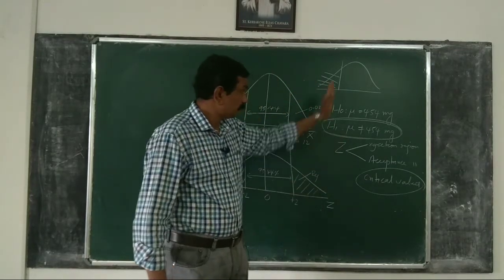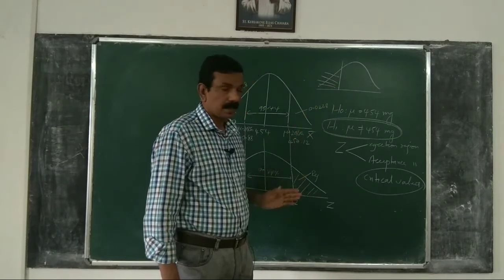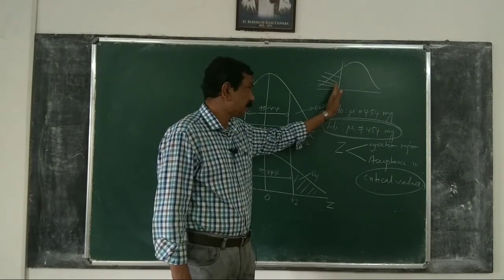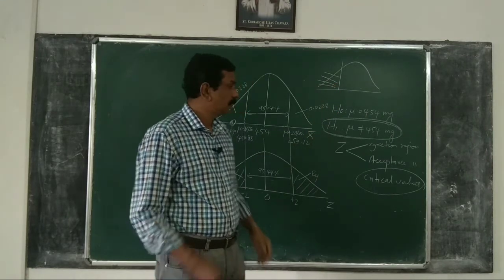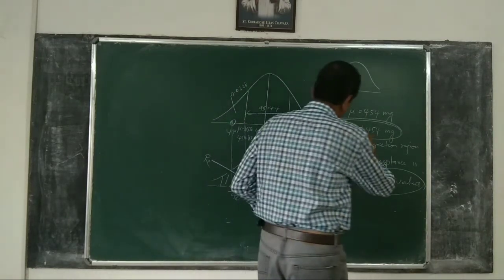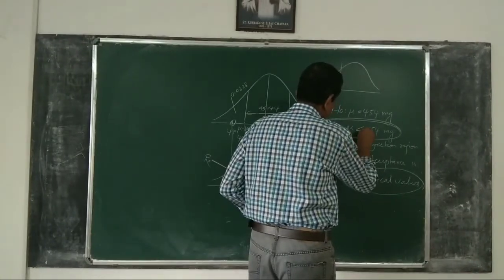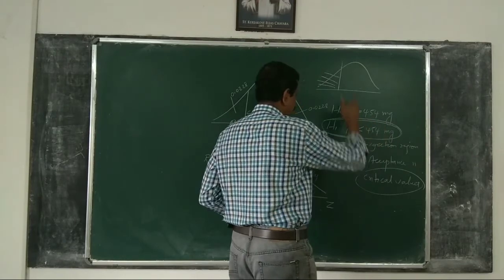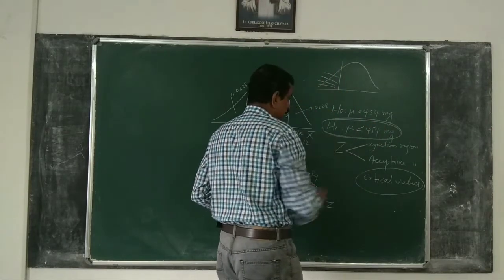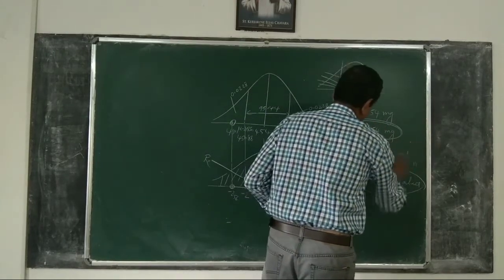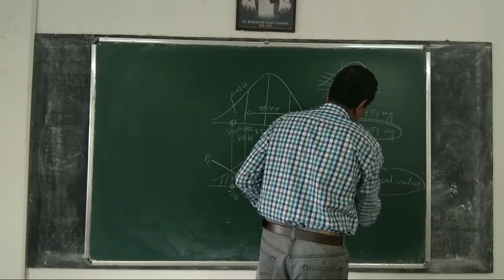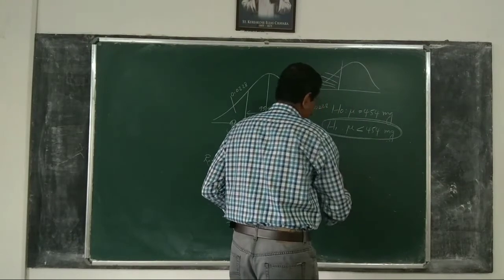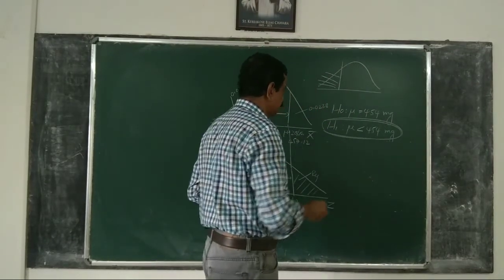The rejection region is on the left side. If H1 is mu less than 454, we have a left-tailed test, and we reject H0 if the value of the test statistic is too small.